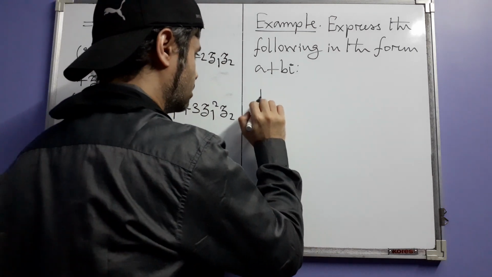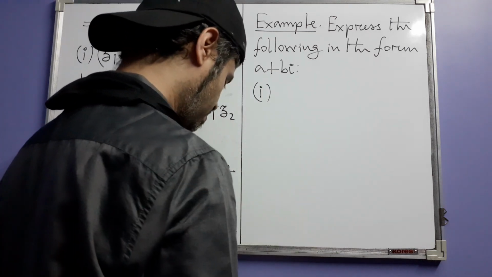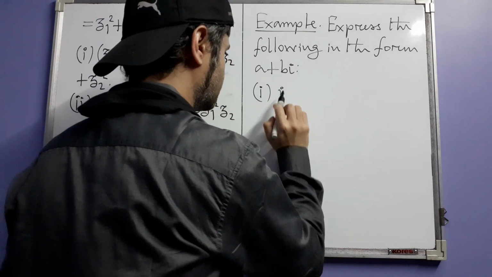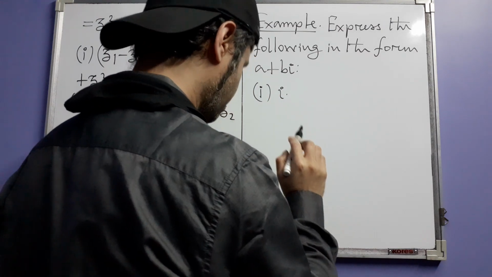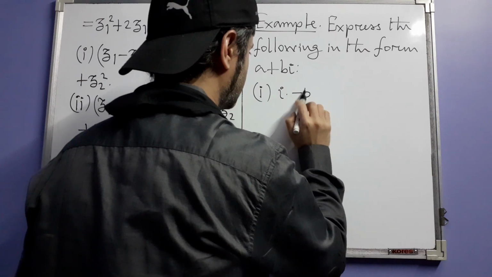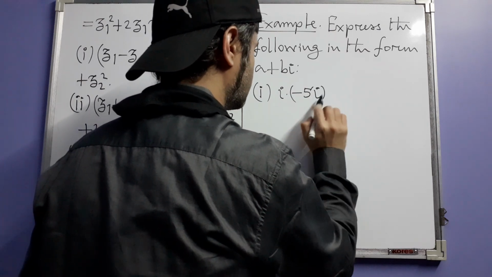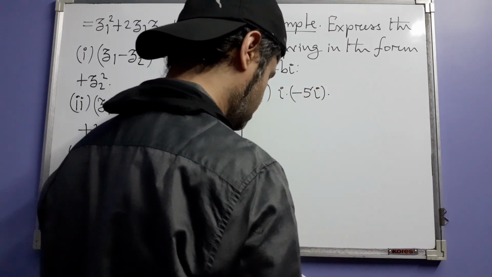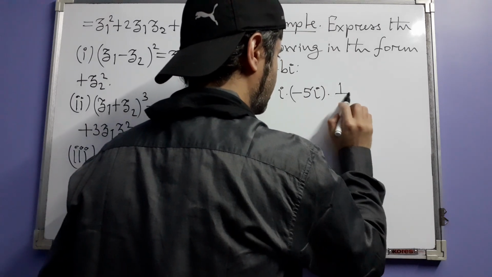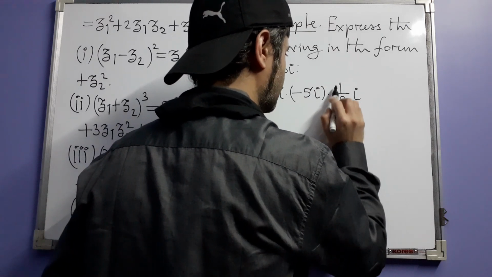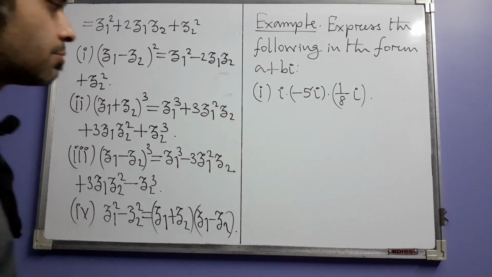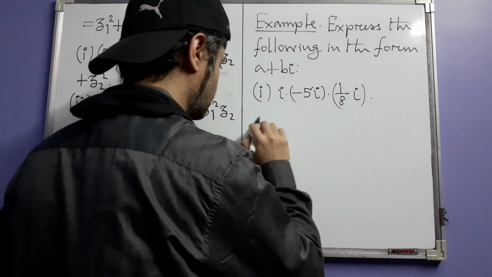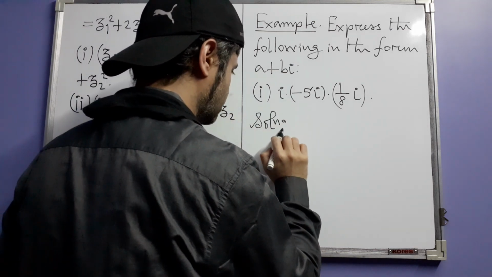The first one is i times minus 5i times 1 over 8i. Okay, so let us first do this one and then we will see the second one. There is another one.